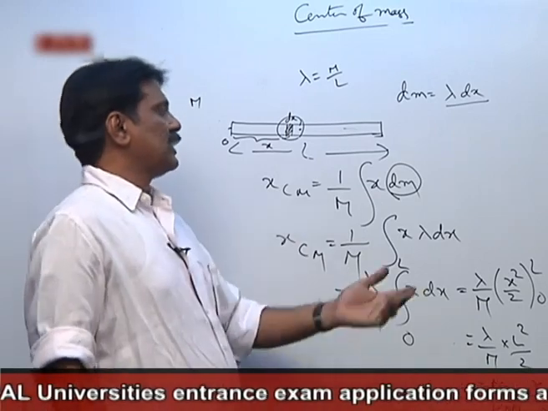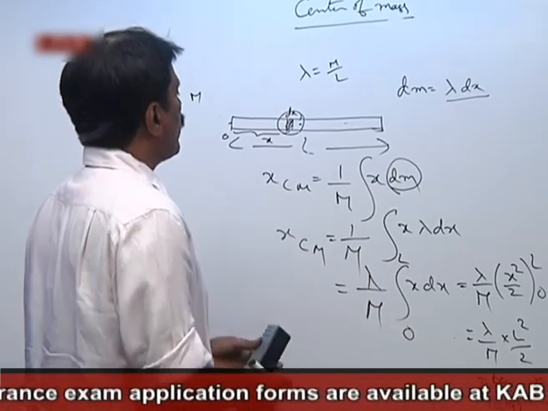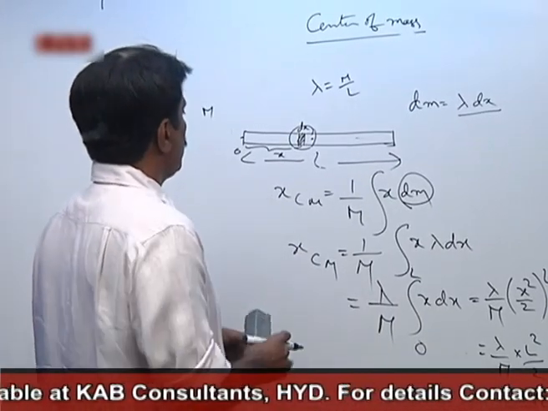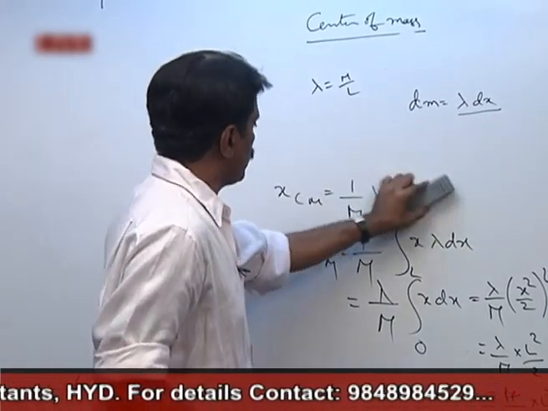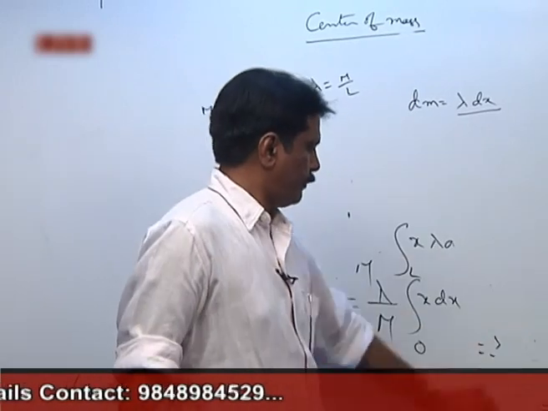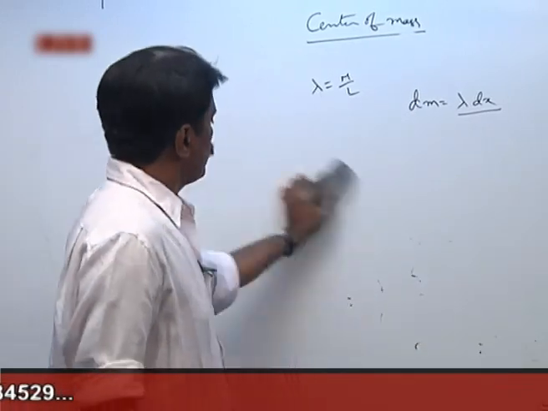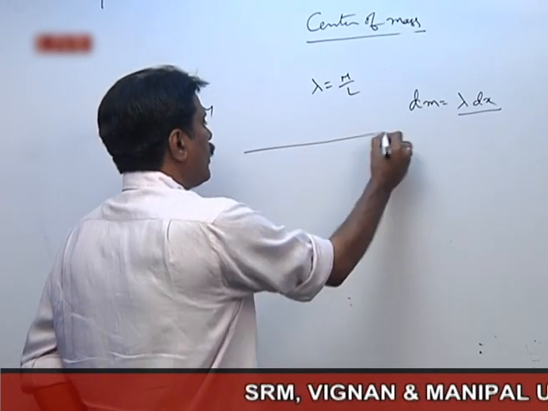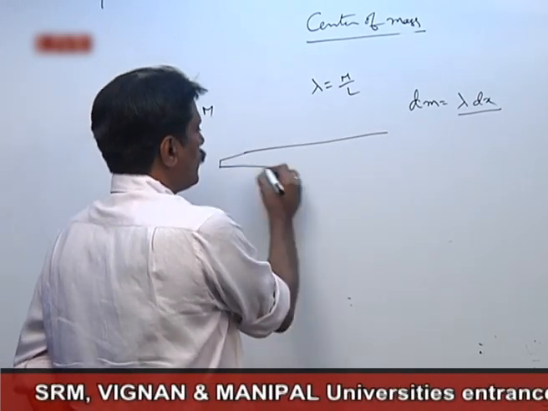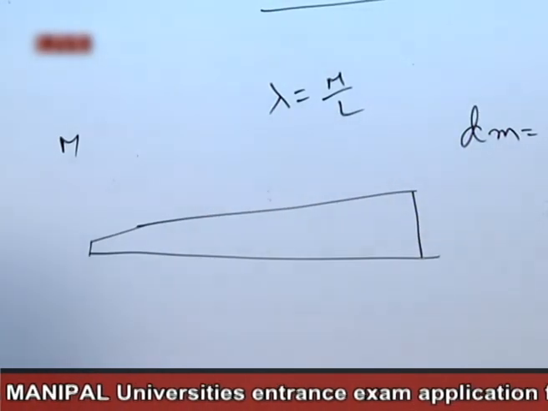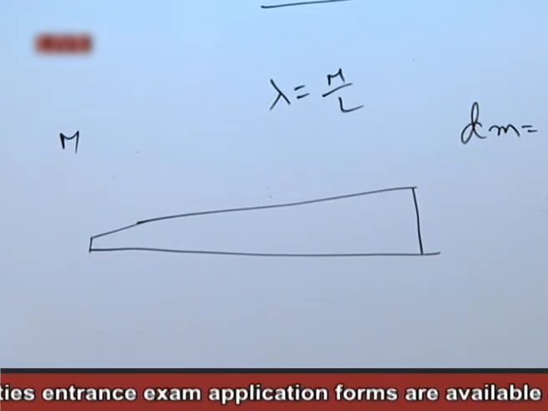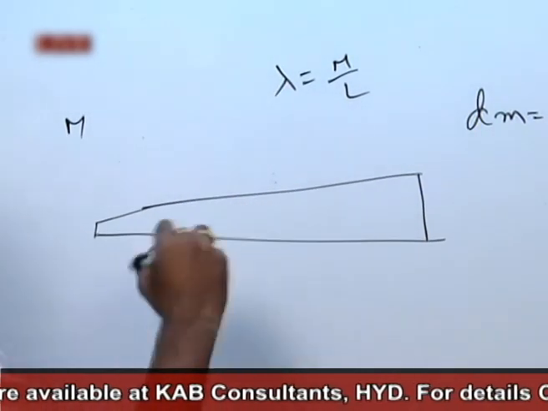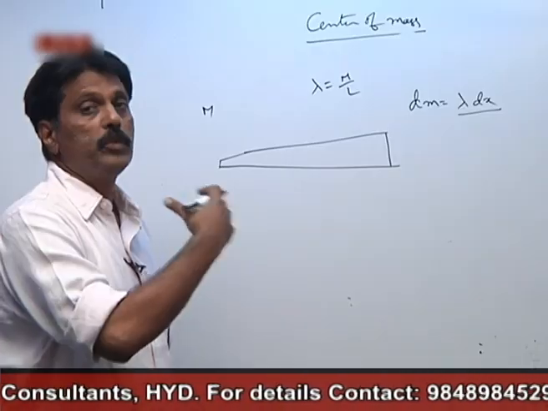Now, let us take another example where mass is varying with distance from one end. Suppose this is a rod whose mass distribution is not uniform. When the mass distribution is not uniform, you should get a relation for the distribution of mass.